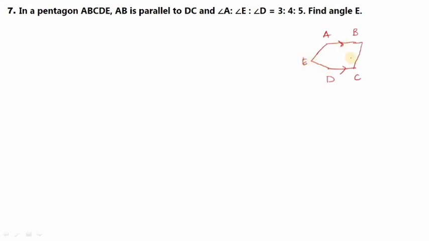Now in this diagram you see AB is parallel to DC, and it is given that angle A, that is this angle, angle E, that is this angle, and angle D, that is this angle, are in the ratio 3:4:5. Now you need to find what is angle E. What is given out here?